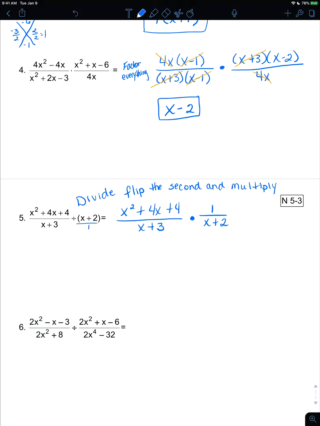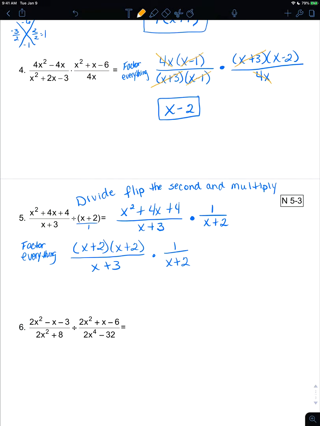We know we go factor everything. All right, so x squared plus 4x plus 4 will factor into x plus 2 times x plus 2. X plus 3 doesn't factor, so we're just going to leave it as an x plus 3 over 1 times x plus 2, which doesn't factor either.